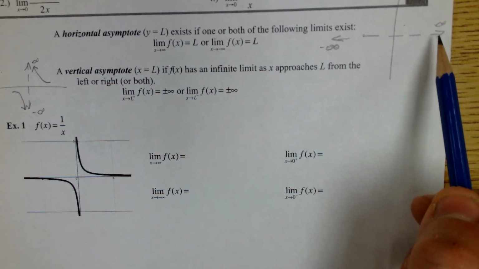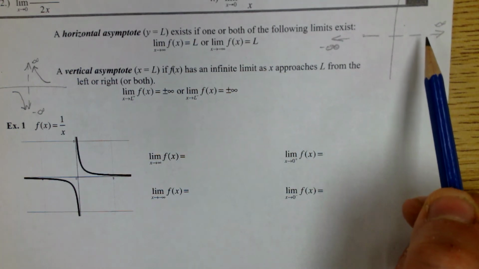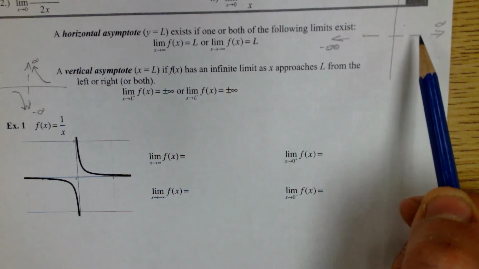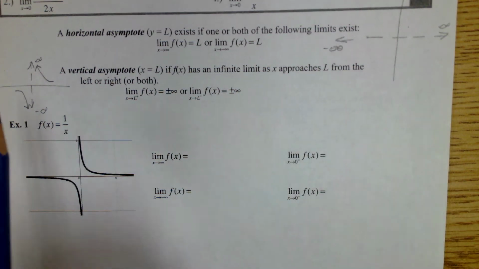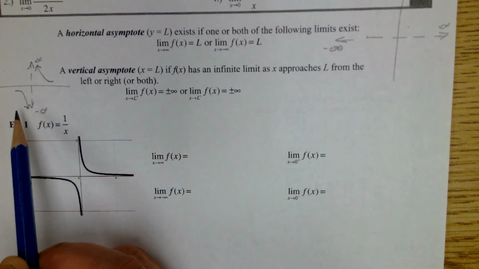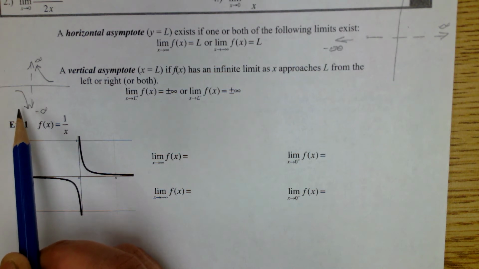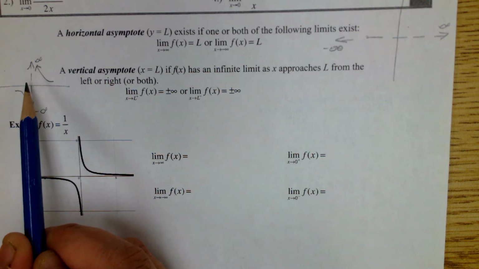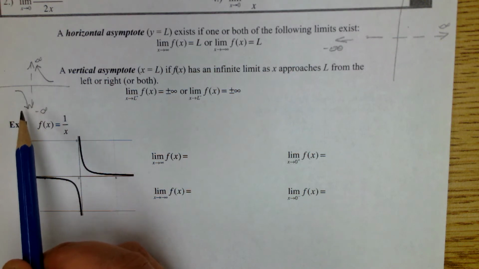For the horizontal asymptote, you're inputting infinity or negative infinity, and you're outputting a y value if the asymptote exists. The vertical asymptote means you're inputting an x value from either the right or the left, and the output is either positive infinity or negative infinity.